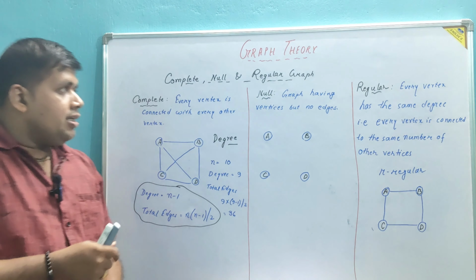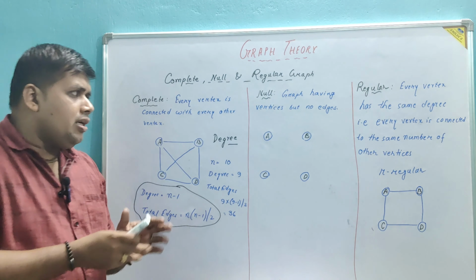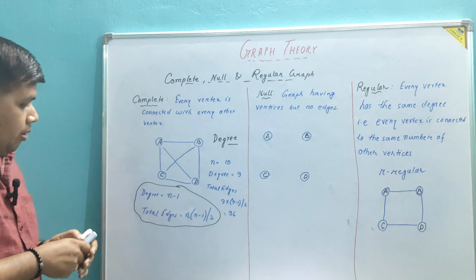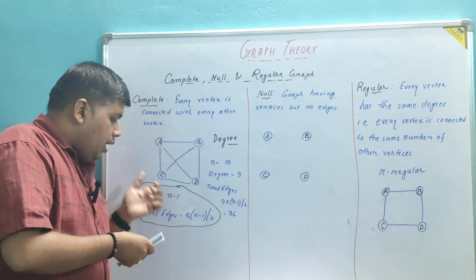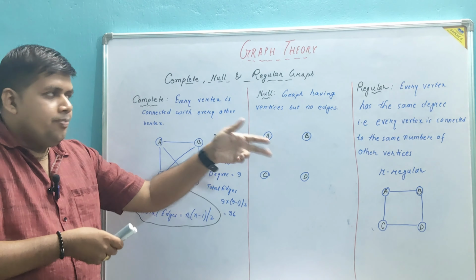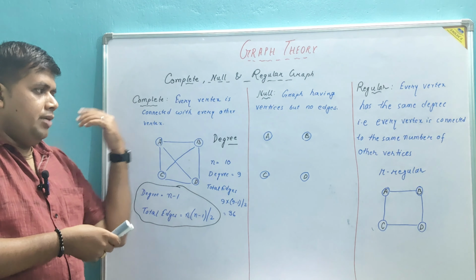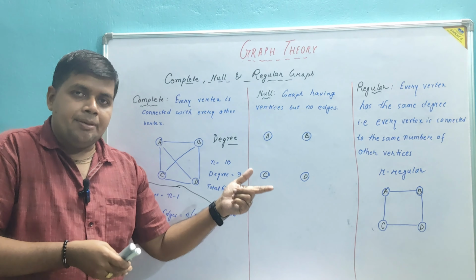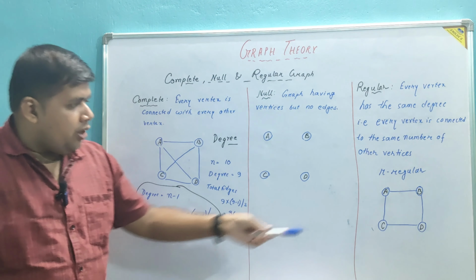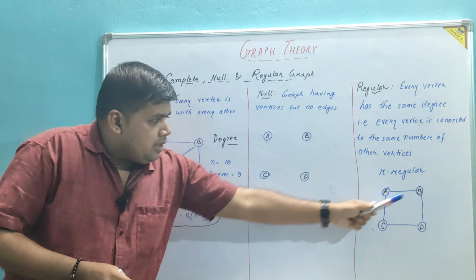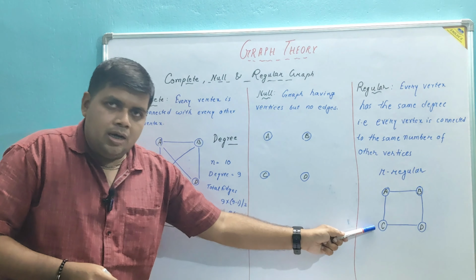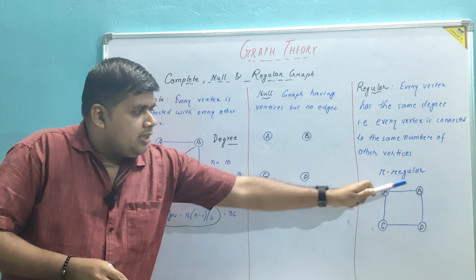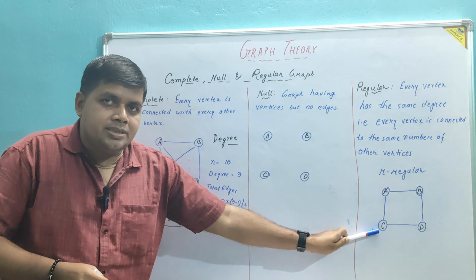And another category is the regular graph. A regular graph is almost like a complete graph, because complete graphs are always regular graphs, but a regular graph may not be a complete graph. So let's look into it. Every vertex has the same degree. Consider a square where each point is a node or vertex.